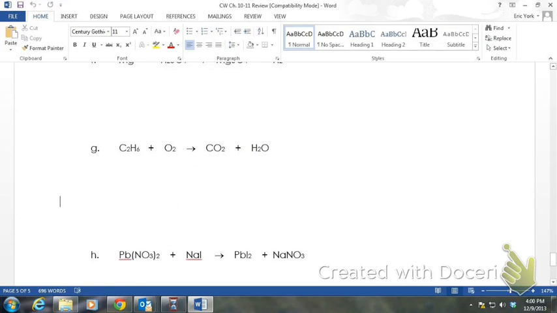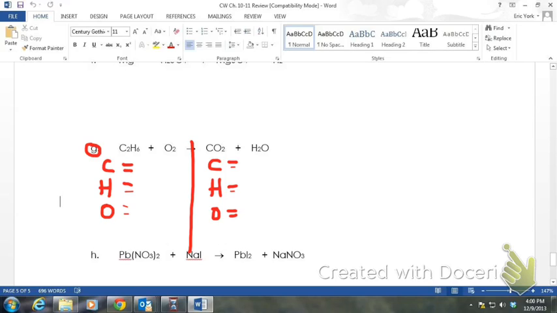Alright, last question we're going to do here is G. So again, we need to start by separating our reactants and products and start listing atoms. We have carbon, hydrogen, and oxygen on the left. We have carbon, hydrogen, oxygen on the right. Set those equal, and now we're going to start coming up with our list of atoms.